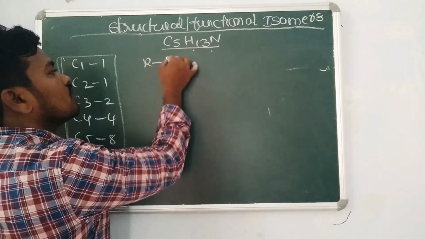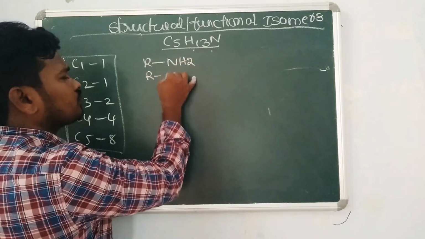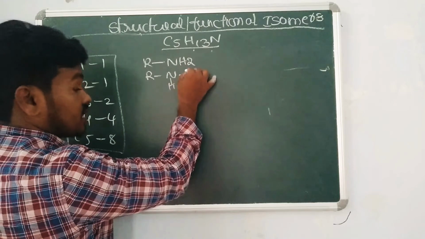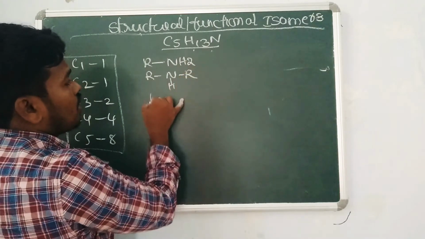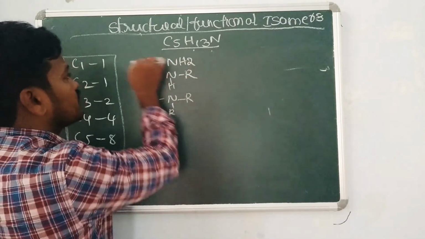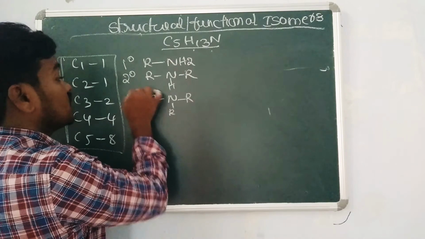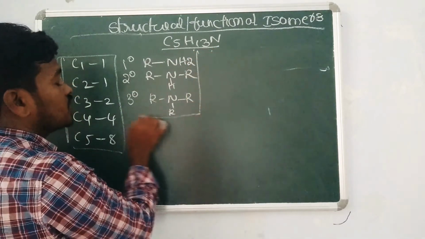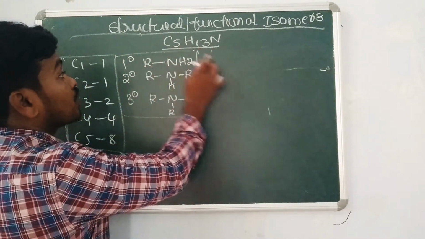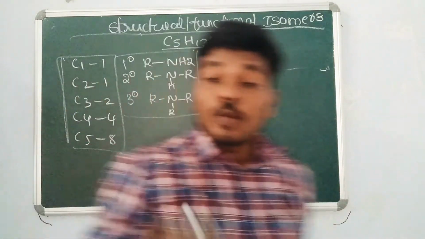First RNH2 is the primary amine, RNHR is the secondary amine, and R, N, R, R is the tertiary amine. We have to identify how many primary, how many secondary and how many tertiary amines are possible.